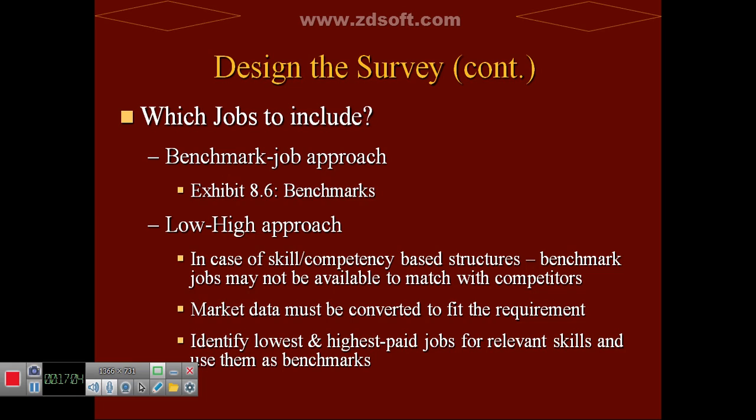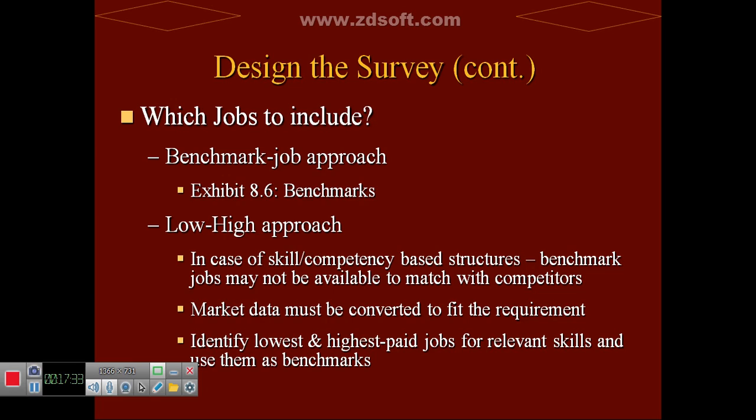So market data must be converted to fit the requirement. If there are already studies made or designs available to conduct a survey, they should be modified to suit the requirement. Through that approach, identify the lowest and highest paid jobs for relevant skills and use them as benchmarks. Somewhere, in some companies, employees will be working with the particular skill set or competence required to perform a particular job.